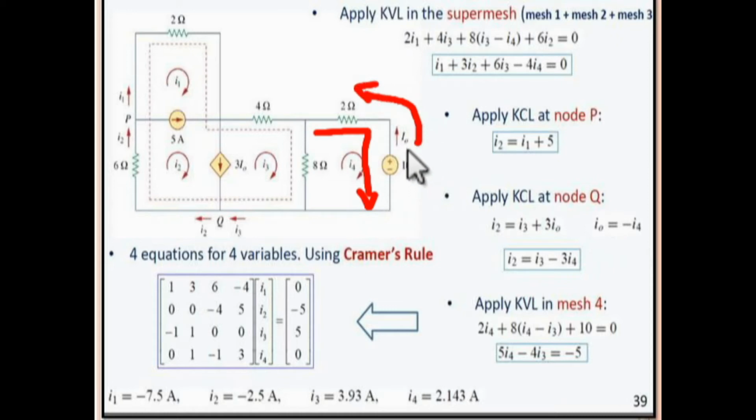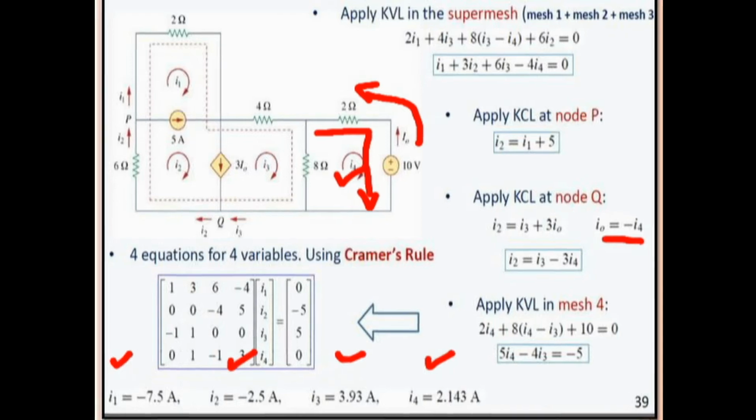So I0 equal to minus I4 in this loop. These are the same currents, but the opposite sign will be there. So I0 equal to minus I4. And then guys, by using all these four equations, you can easily find out the values of I1, I2, I3 and I4.